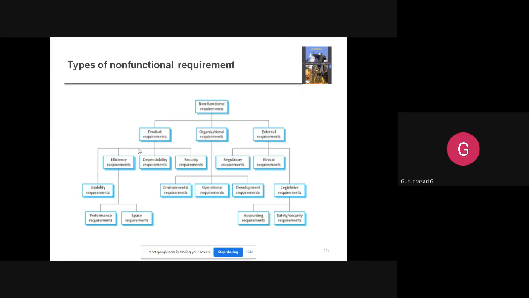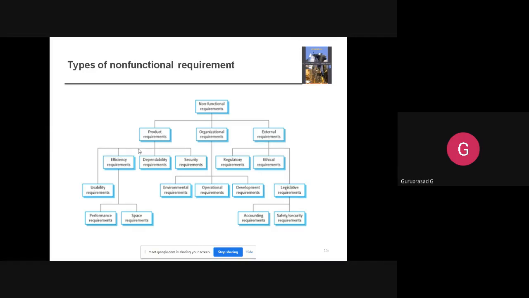These requirements specify or constrain the behavior of the software. Non-functional requirements generally relate to performance: how fast the system will execute, how much memory it requires. Reliability requirements and security requirements come under product requirement.